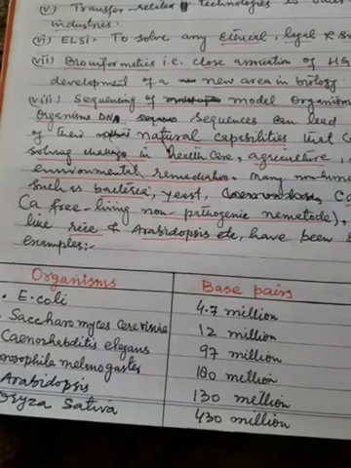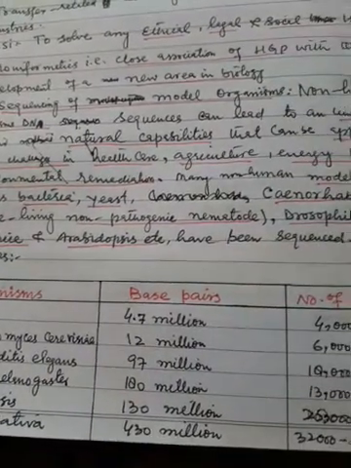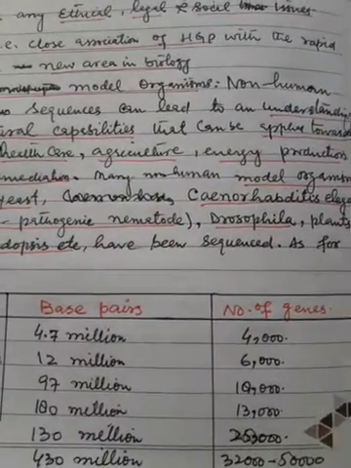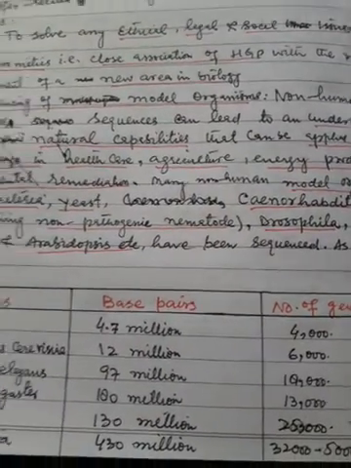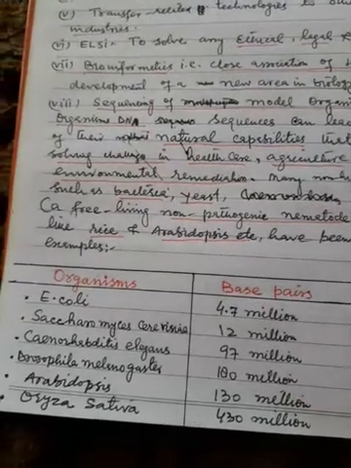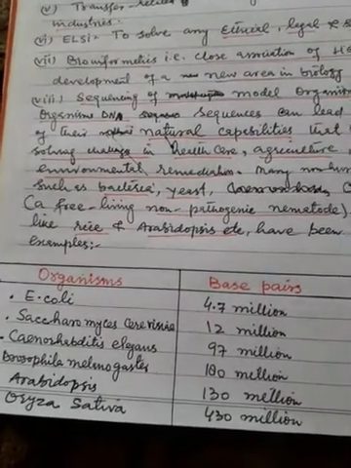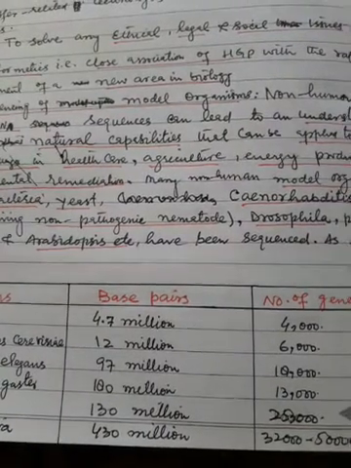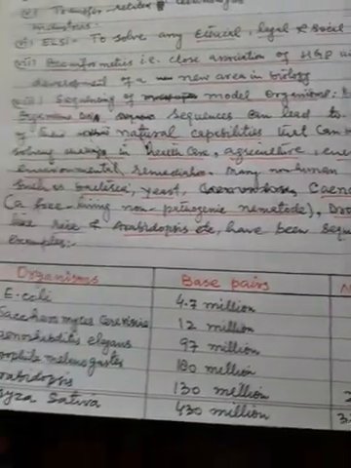Caenorhabditis elegans with 97 million base pairs and 18,000 genes. Drosophila melanogaster with 180 million base pairs and 13,000 genes.